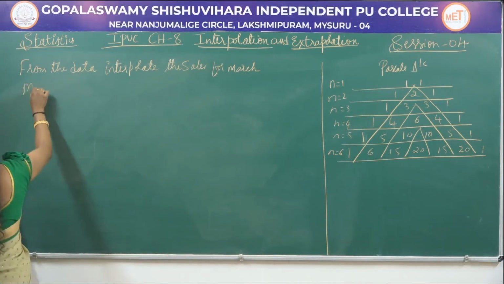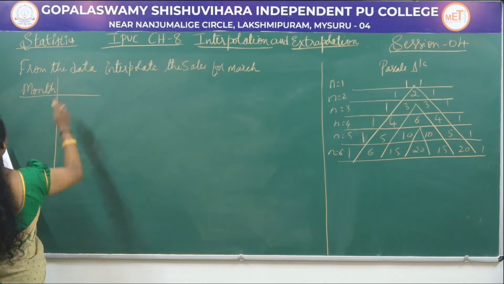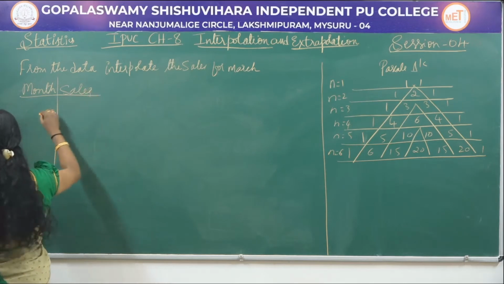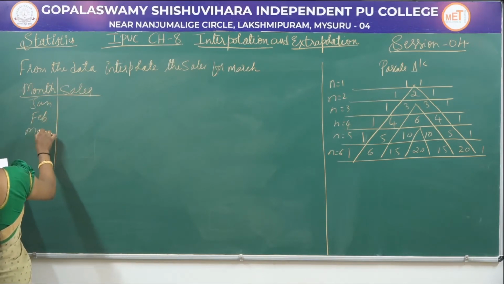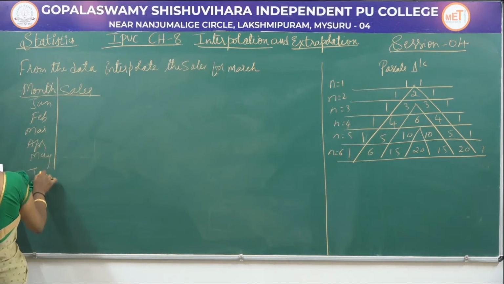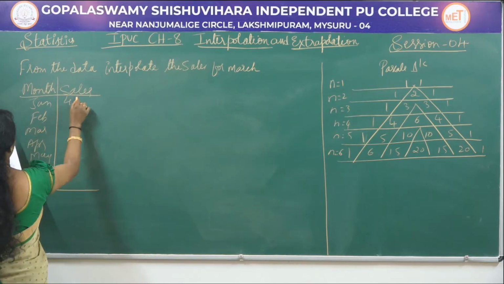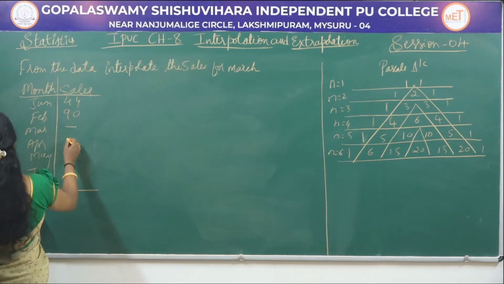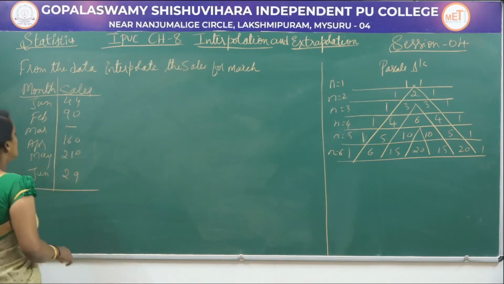So here it is month and sales. Jan, Feb, March, April, May, June. And sales: 44, 90, 160, 210, 290.